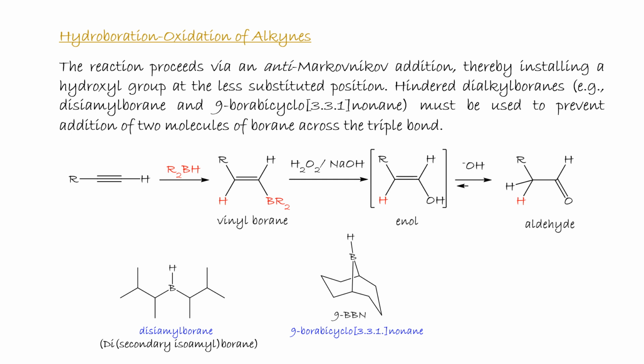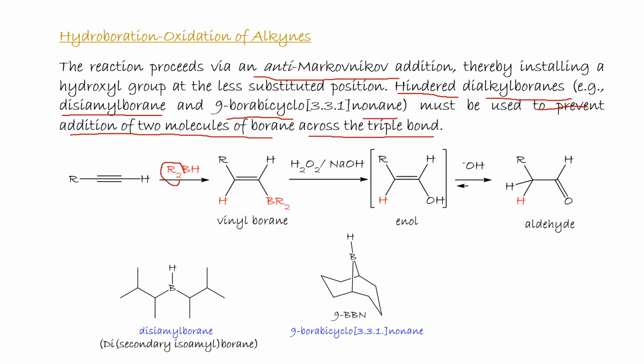Hydroboration-oxidation of alkyne. The reaction proceeds via anti-Markovnikov addition, thereby installing a hydroxyl group at the less substituted position. Hindered dialkyl boranes like disiamylborane and 9-borabicyclo[3.3.1]nonane must be used to prevent addition of two molecules of borane across the triple bond.